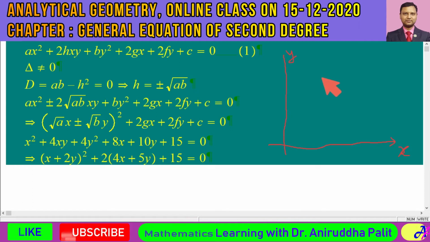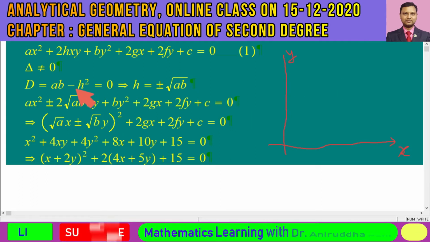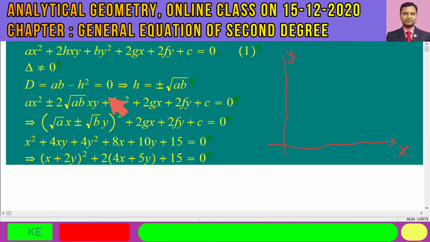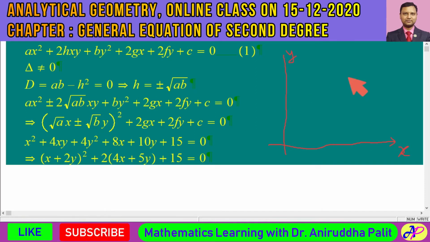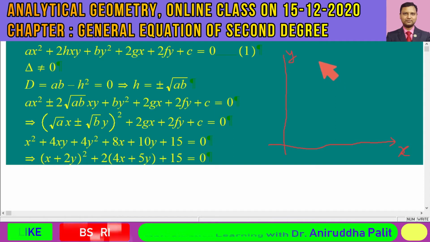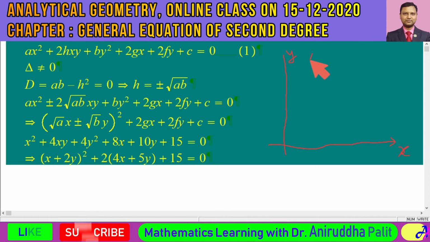And suppose delta not equal to 0, d is equal to 0, then it is easy to conclude that the given equation represents a parabola. What would be the parabola? We don't know. Let us draw that. Say this is the parabola.